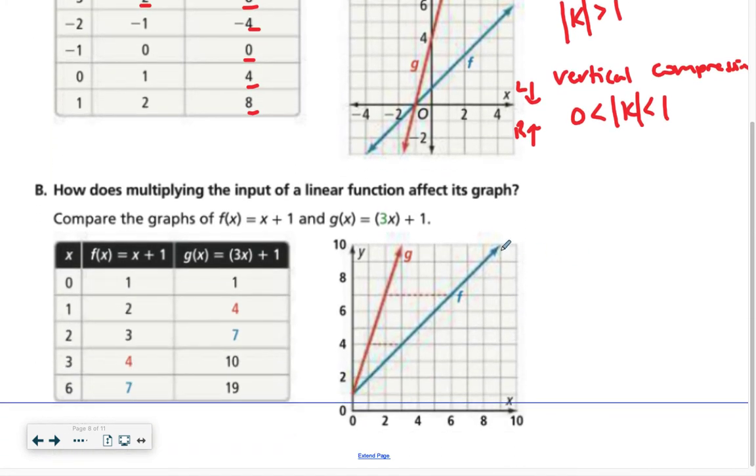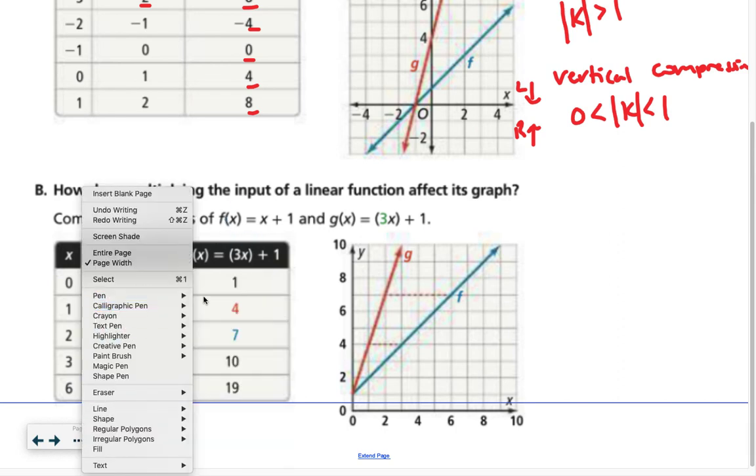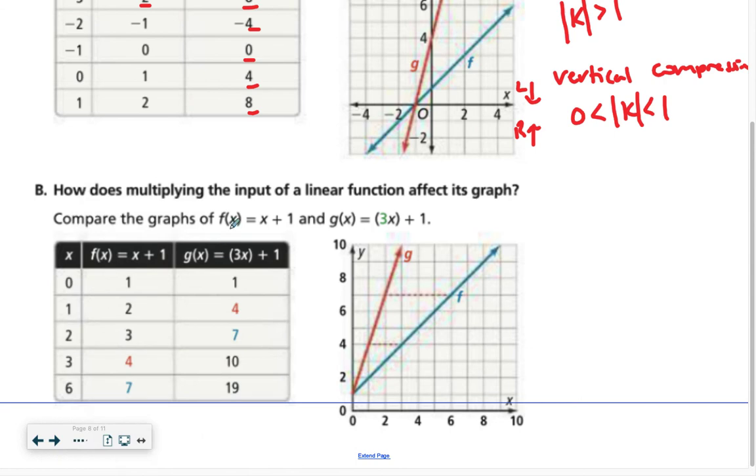All right, then what about a slightly different case? What if we multiply the input, or the x value, instead? So this time we took x plus 1, but then we put a 3 with just the x, okay? Just the x.